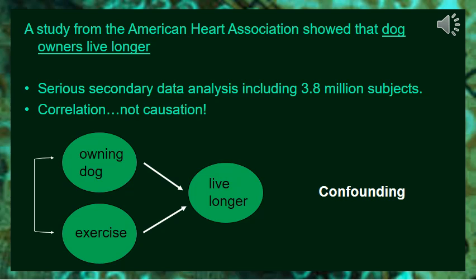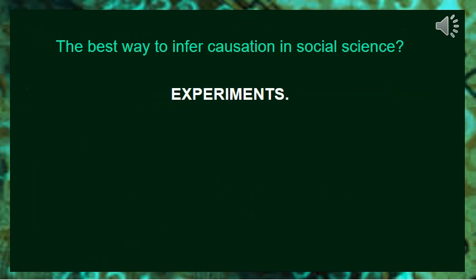So owning a dog is correlated with living longer, but is also correlated with other variables like exercising, for example, that are correlated with a longer life. So we call that situation confounding between variables. And again, the best way to infer causation between two variables in social science is by conducting experiments.